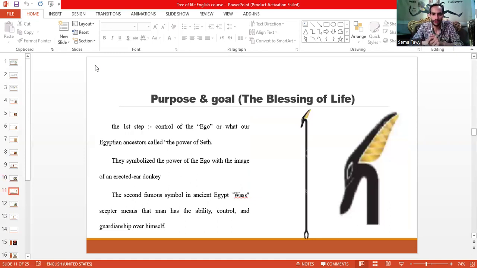The first step: control your ego. The first step, if you want to live your life in balance and make balance between your spiritual and physical needs, is to control your ego.